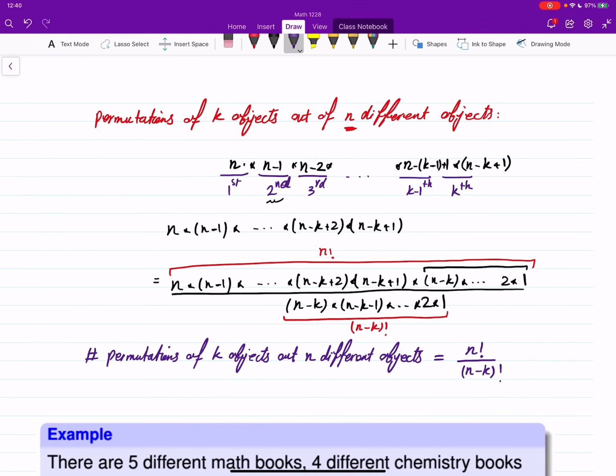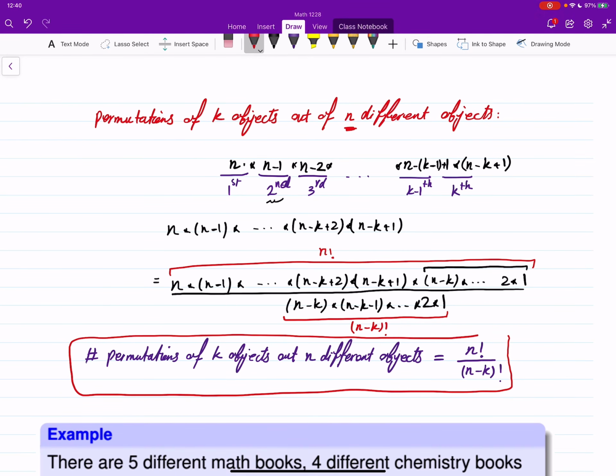Okay? So that is the second formula that you have to keep in mind. We are not using all of the n objects that are available, only k of them.